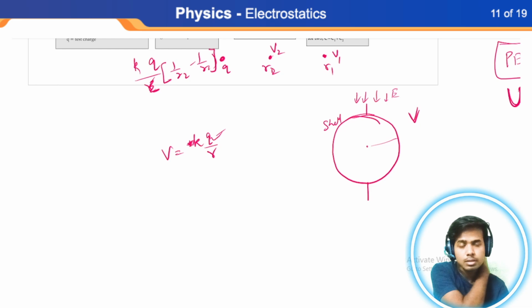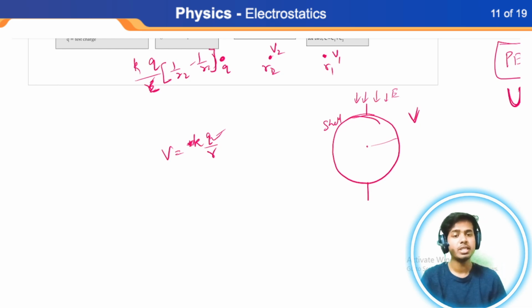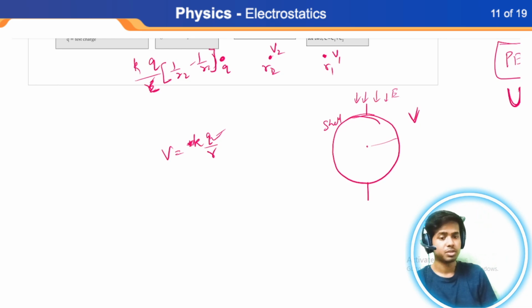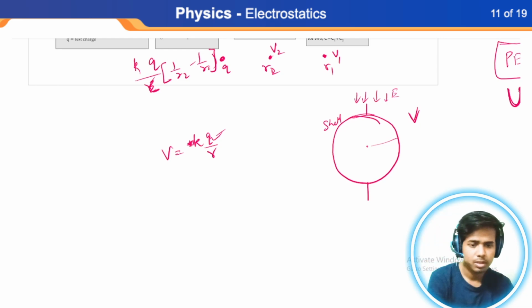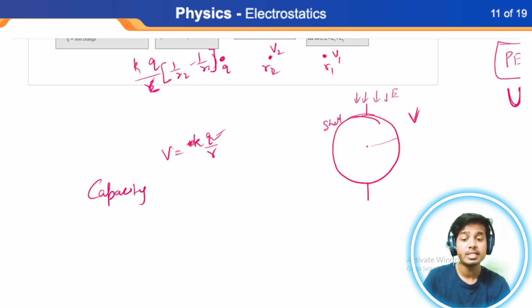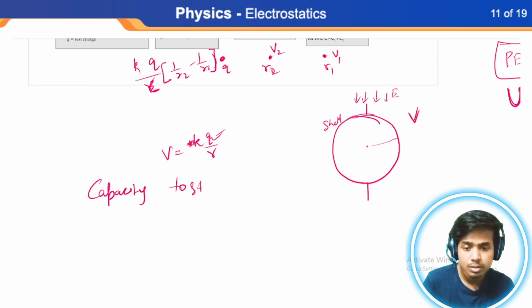So basically, did we find a machine which can store charge for us? Of course. So what we define here is capacity. What is this capacity? Capacity to store charge is called capacitance.